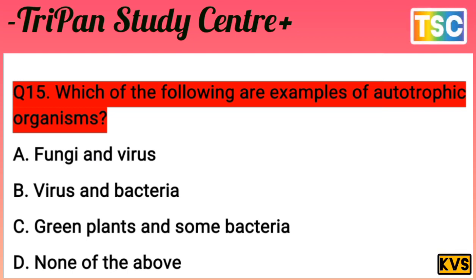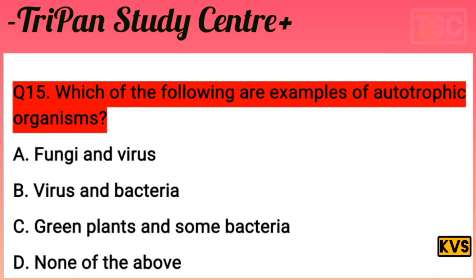For example, cyanobacteria, algae, plants, etc. It means option C, green plants and some bacteria, is correct for this question. Green plants and some bacteria are examples of autotrophic organisms.